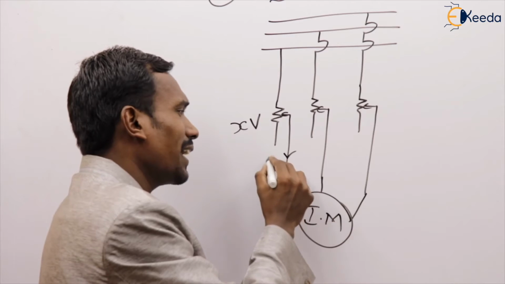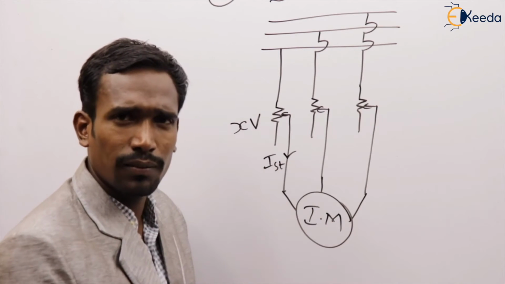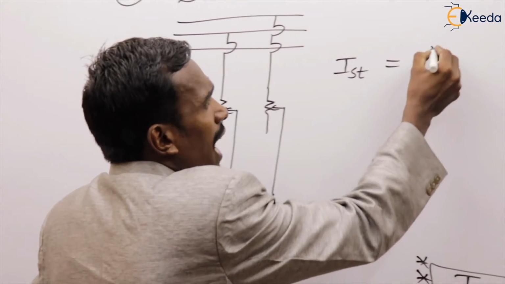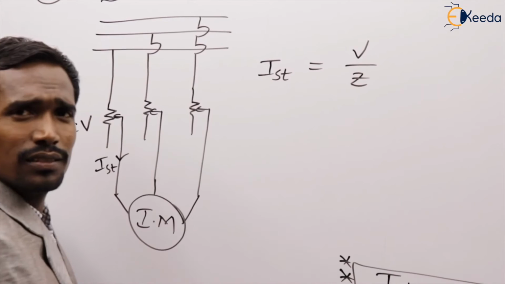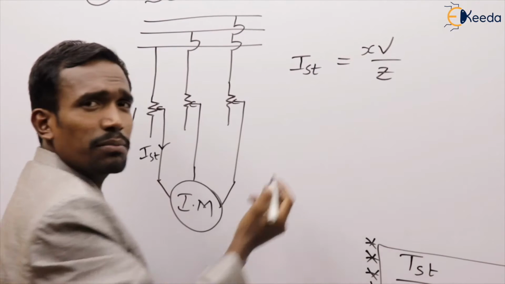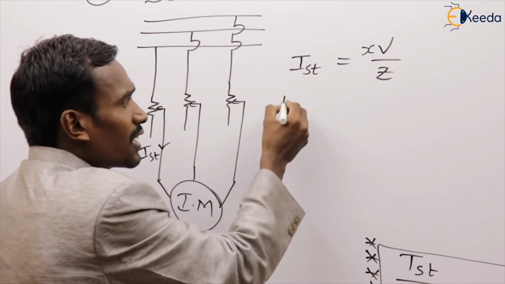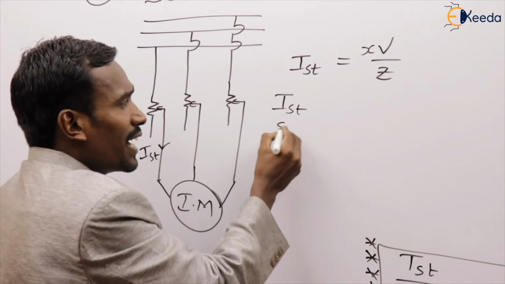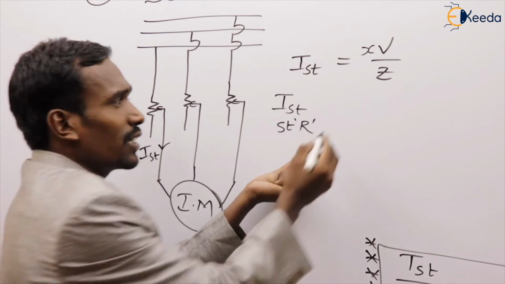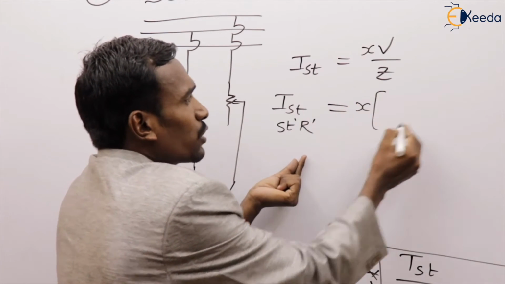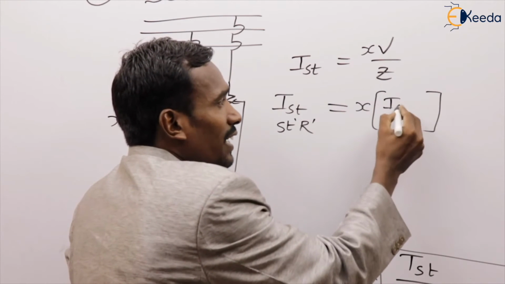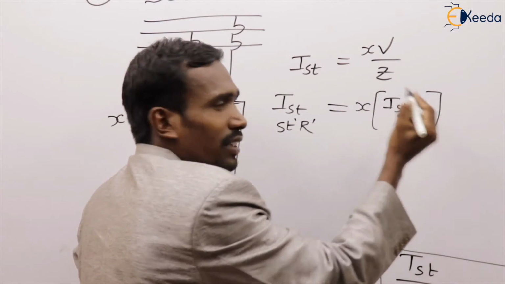Now the current is IST, for example. Generally we know the starting current is equal to V by Z, but in our method the voltage is X times of V. So the starting current in stator resistance control is equal to X into V by Z. V by Z is nothing but the starting current in DOL starting.